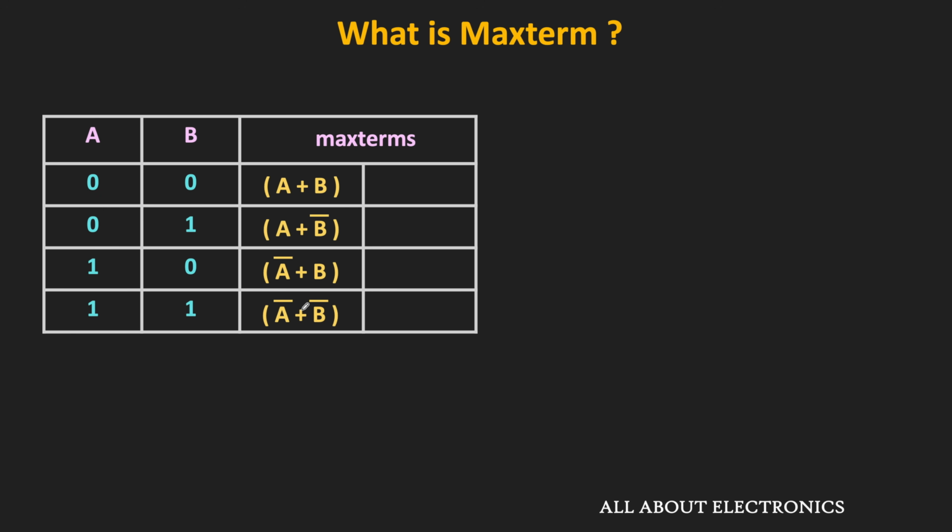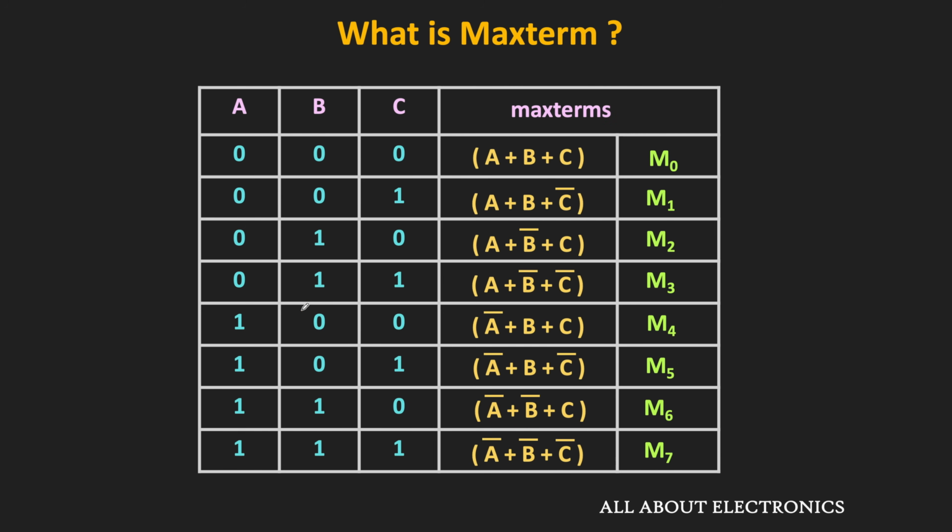And for the convenience, these Maxterms are also represented by the uppercase letter M followed by the number, which is the decimal equivalent of the input combination. So in this case, we have Maxterms starting from M0 to M3. Similarly, for three variables a, b and c, following are the 8 Maxterms.